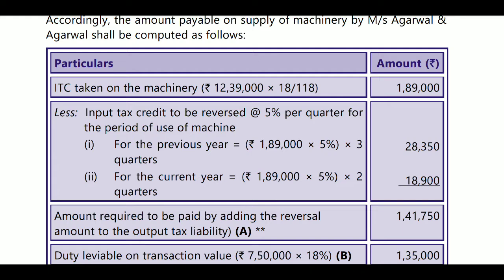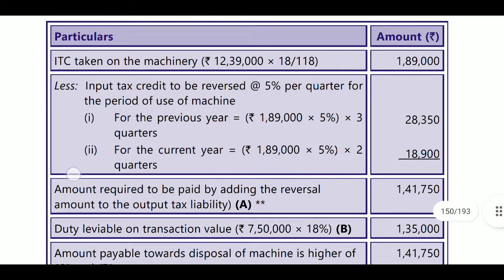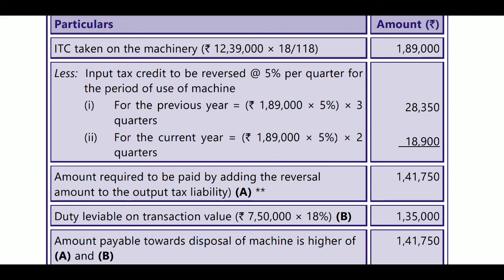The machine was used for the previous year 3 quarters and the current year 2 quarters. So 1,89,000 into 5% into 3 quarters and 1,89,000 into 5% into 2 quarters, that is 28,350 and 18,900, will be reduced from that.